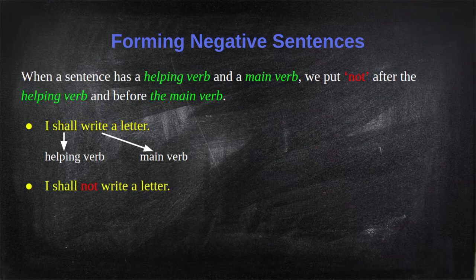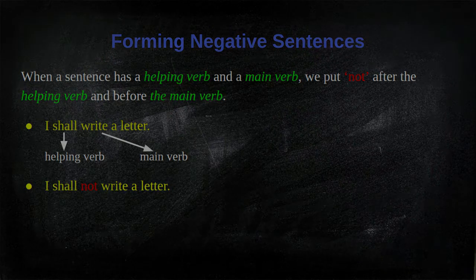In this sentence, shall is the helping verb. Write is the main verb. To make it negative, I write not after shall. So it will become I shall not write a letter.